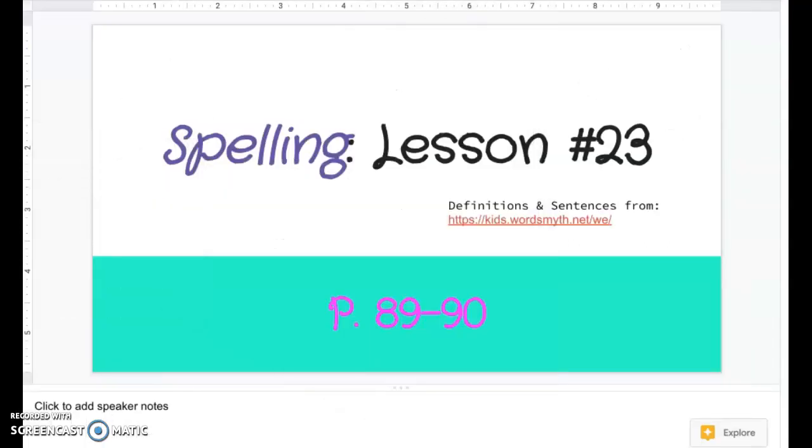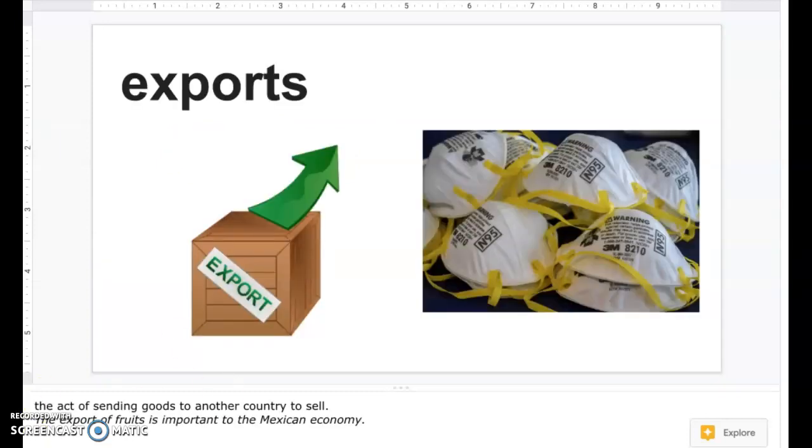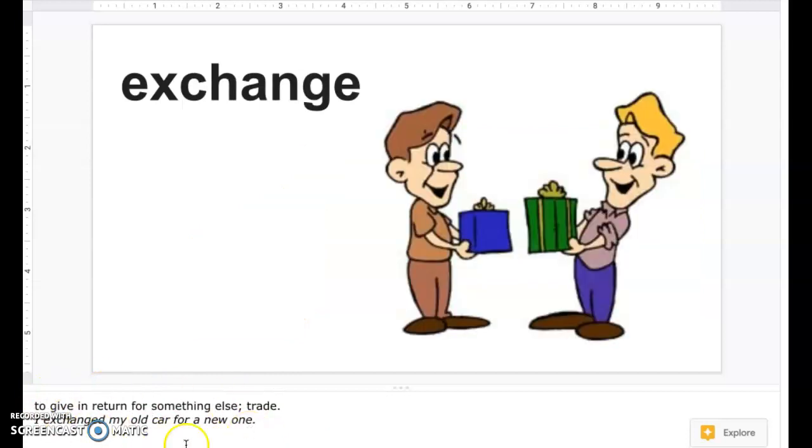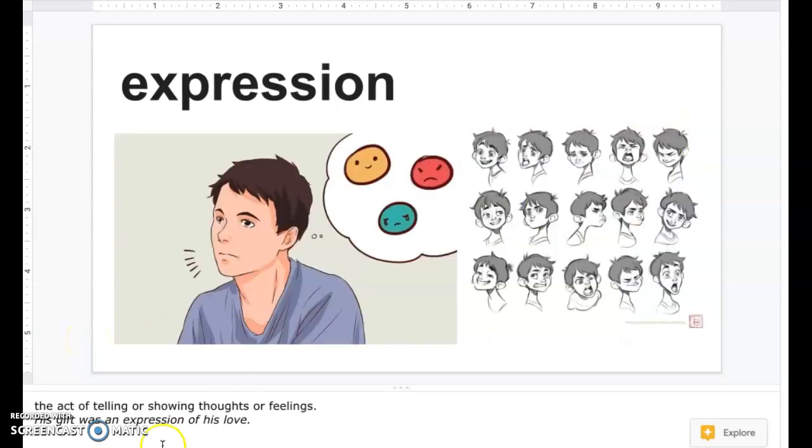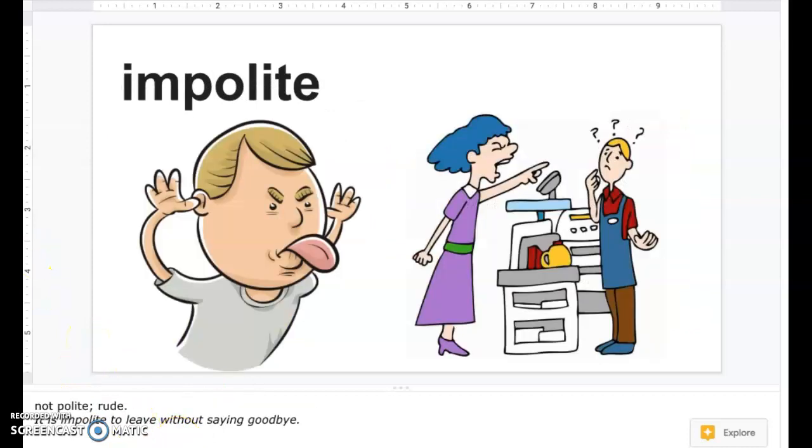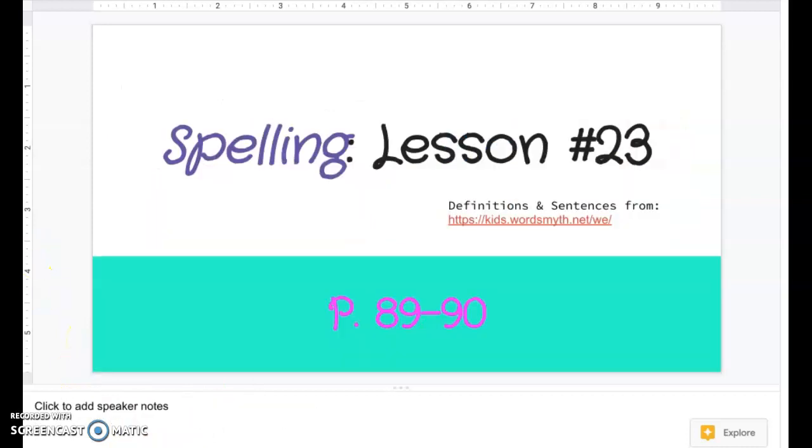One additional thing that I added to today's lesson is I wrote down the definitions and example sentences over here on the bottom. I will make this PPT available in Google Classroom. So as you do the exercises today and on Thursday, you can look back at this to understand the words better, okay? All right, let's go ahead and get started.